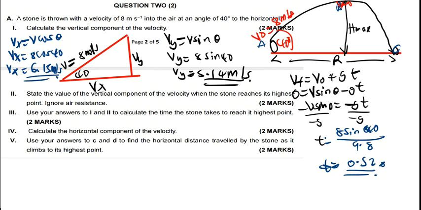That's my Vx. Now the next question is saying use your answer from 5 to calculate the horizontal distance traveled by the stone. We're using the answer for part 3 and 4. They were supposed to say use your answer from part 3 and 4 to find the horizontal distance traveled by the stone as it climbs to its highest point.